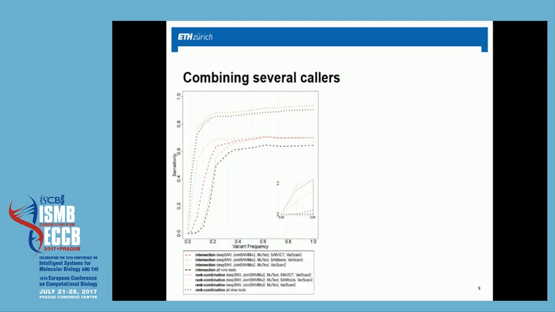Then we went on and tried to combine several callers with the idea that you may gain something from each of them, and maybe you are able to improve the performance overall in this manner. So again, this is as a function of the frequency here, showing the sensitivity. And we tried intersecting the calls from different tools.